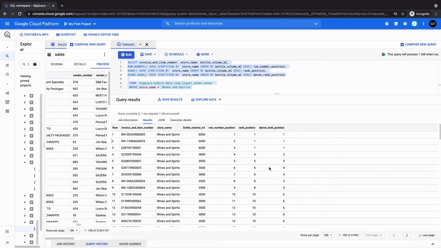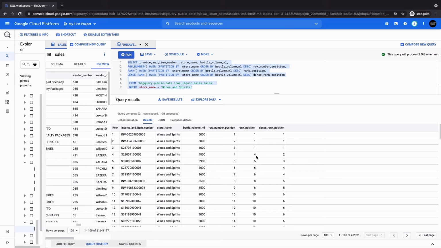However, what is different between rank and dense rank is what happens after a tie. The rank function looks at it and says, okay, I have given three positions, 1, 1, 1, and I do not have a second or third position, so the next position will be 4th. This is how rank works.